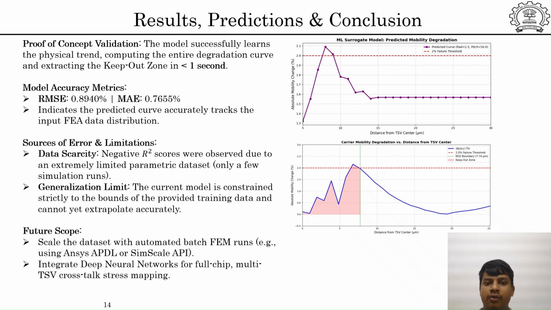But one drawback is it has a negative R square score, because there is scarcity of data; there wasn't enough data because there was a generation limit. Future scope could be that the dataset can be scaled with automated batch FEM runs, and better models like deep neural networks for full chip can be used.